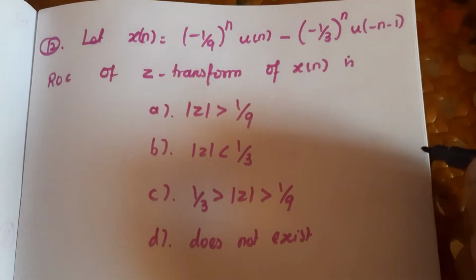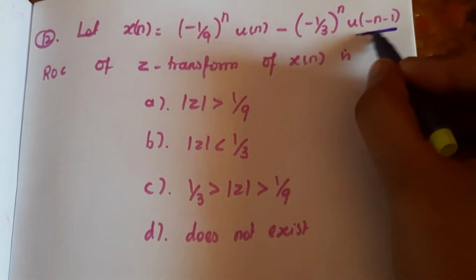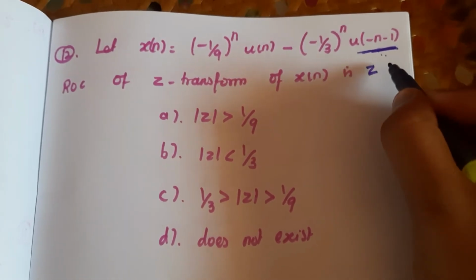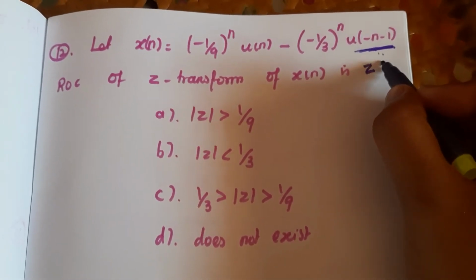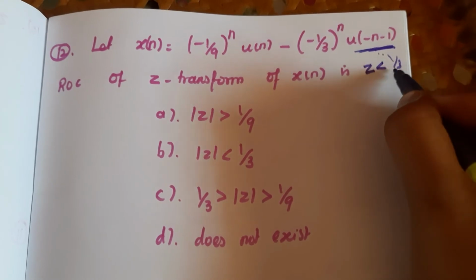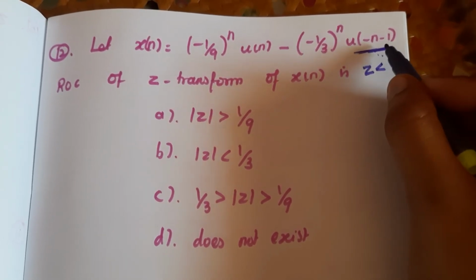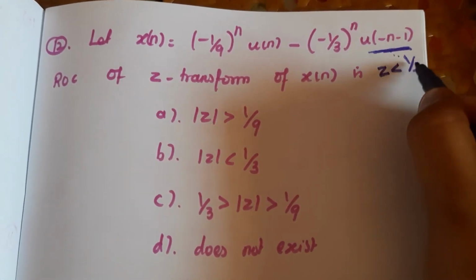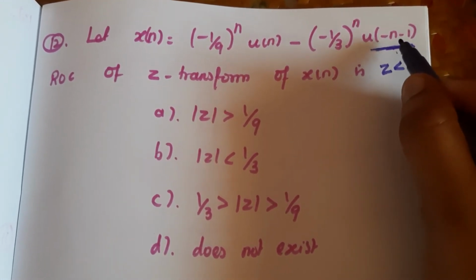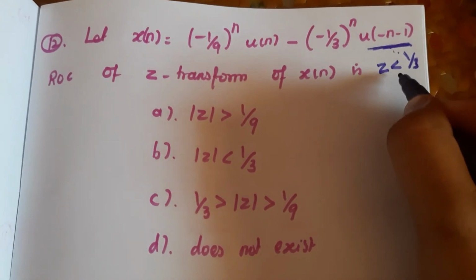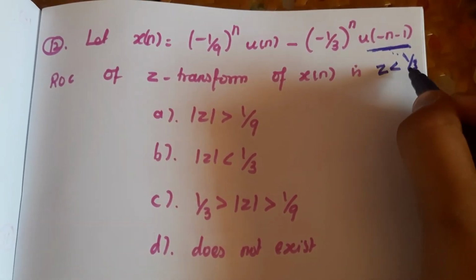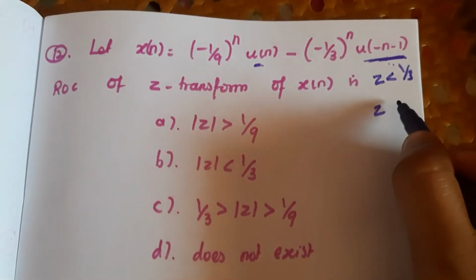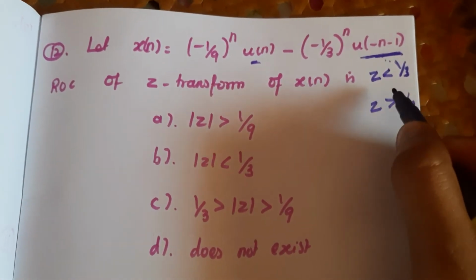This kind of question, consider the ROC condition. For u of minus n minus 1, the ROC is Z less than 1 by 3, so just memorize this condition. In the normal case, for the other term the ROC is Z greater than 1 by 9, that is the modulus value.